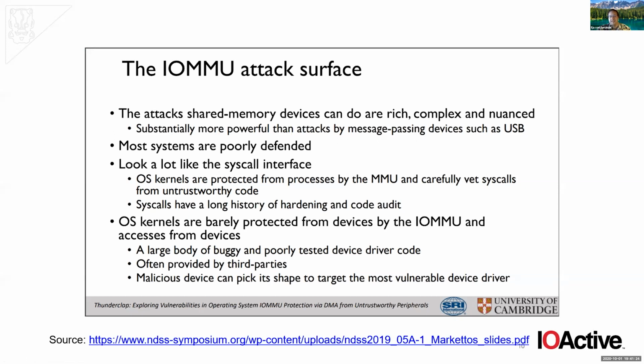It basically says that the attack surface of the IOMMU is incredibly rich and complex and nuanced, and is substantially more powerful than attacks by message passing devices such as USB. You really have to look at it like a syscall interface, where you have an untrusted user land and a trusted kernel, and there's a bunch of memory that goes back and forth. That to me just rings so true, and you'll see that reflected in the next couple dozen slides or so. So that's why I wanted to have it on here.